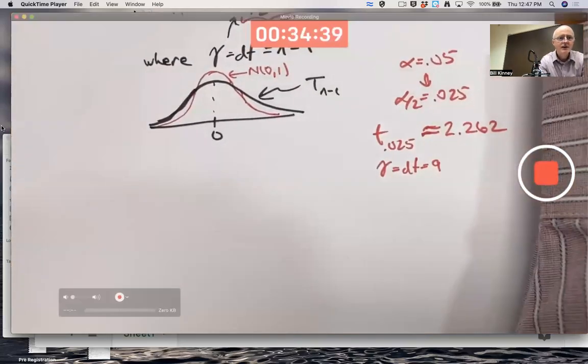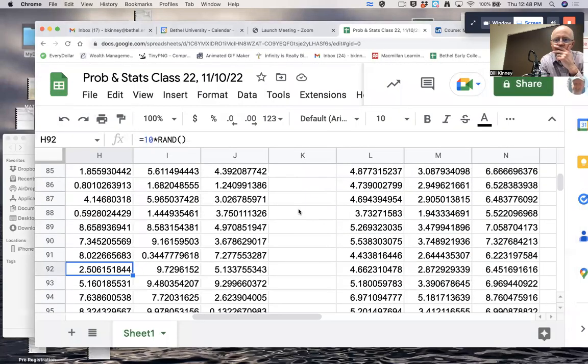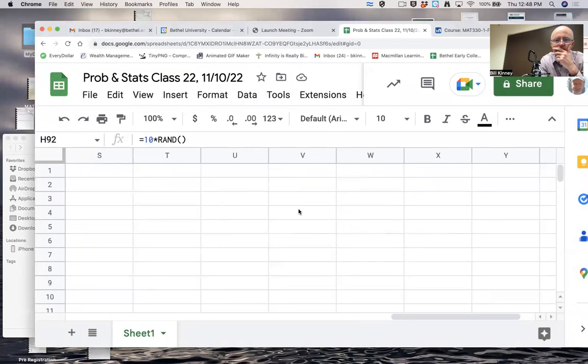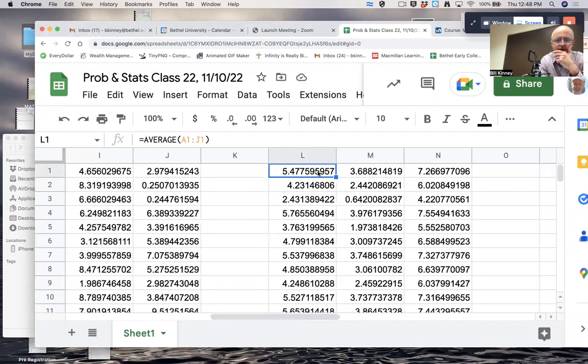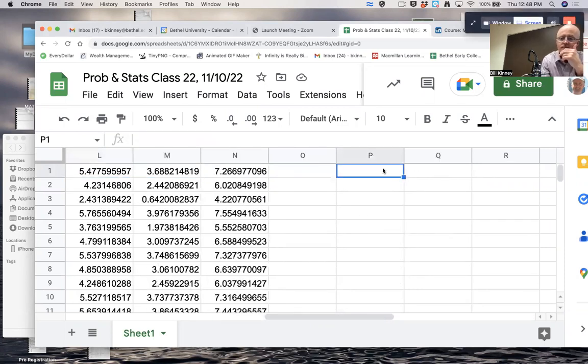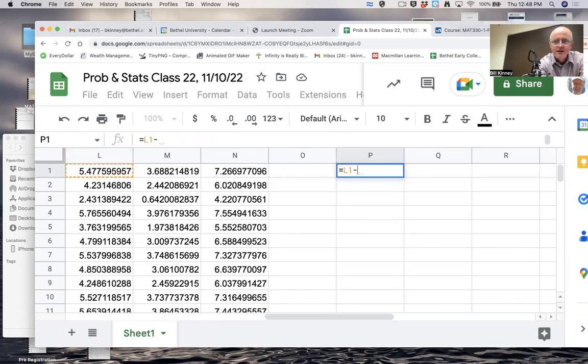So let's use that now in the spreadsheet. We're still using the observed values of X bar from column L. Of course, the numbers are going to change again. So now I subtract 2.262 times, not the 2.887 anymore, right?